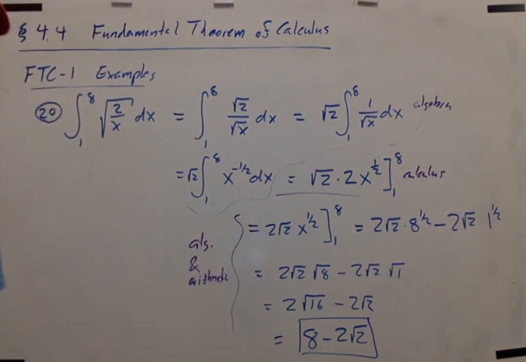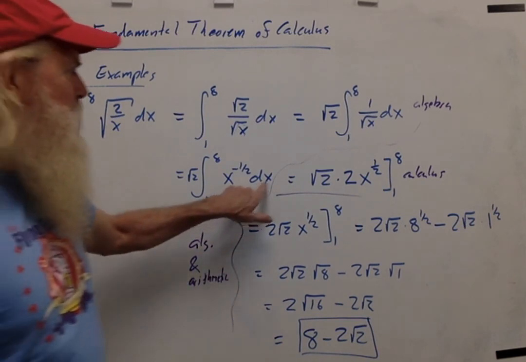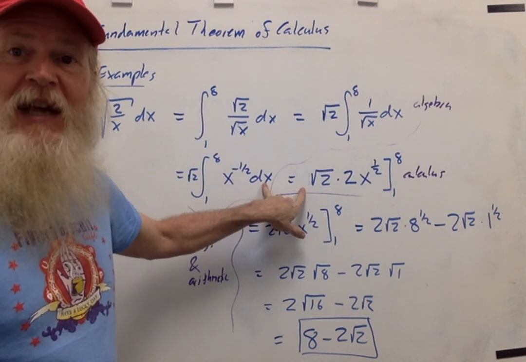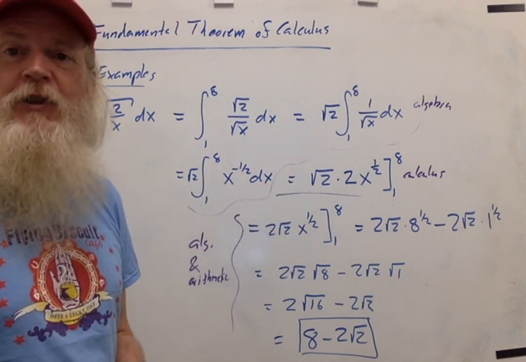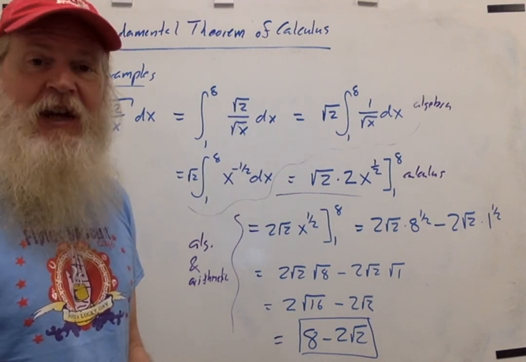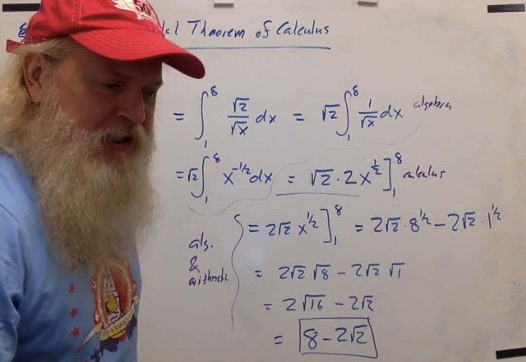So not a whole lot of calculus going on, except for finding the antiderivative. Now, in the future, we're going to see problems where finding the antiderivative is actually more work. And in fact, there's a big chunk of calculus 2, where we're going to learn how to take antiderivatives of lots and lots of different functions. In the next video, I'll give you a couple more examples from the book.